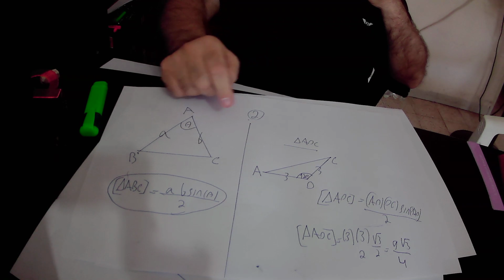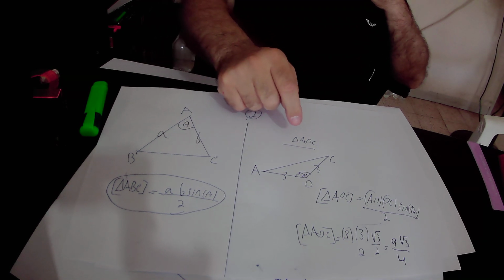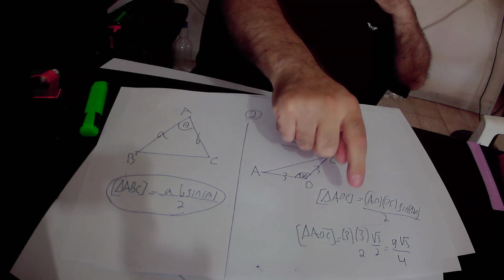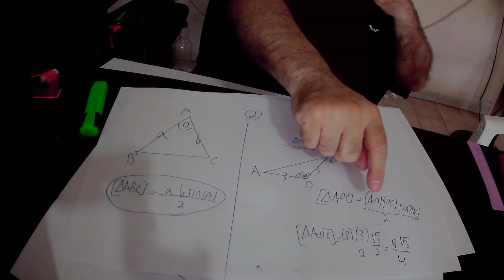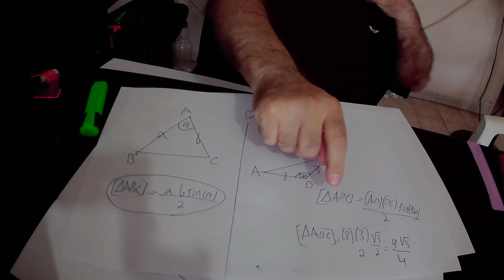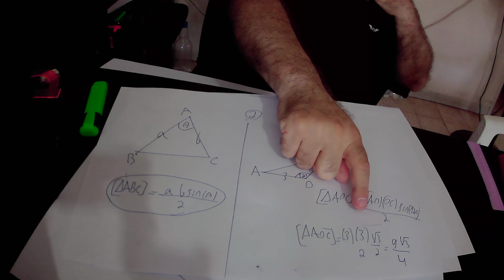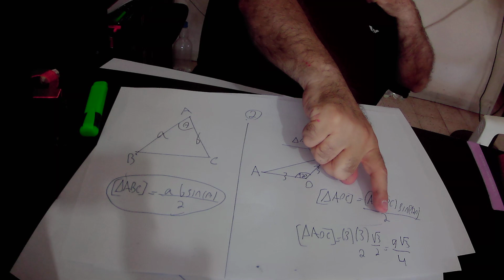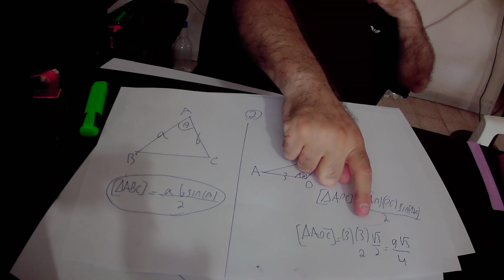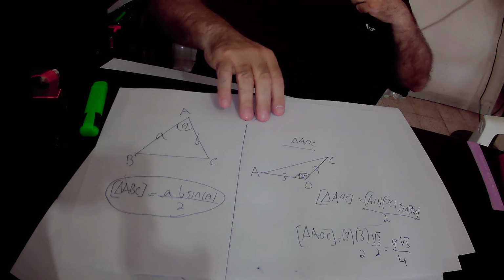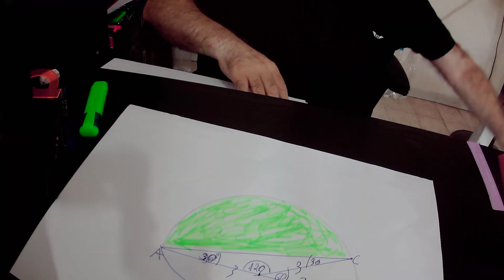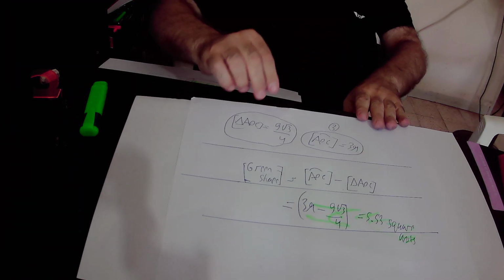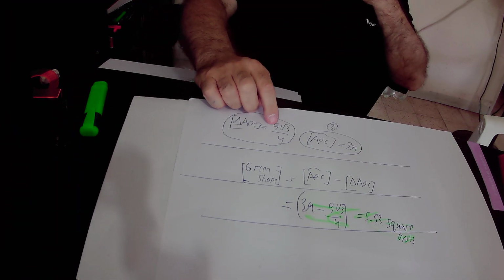The area of triangle AOC equals AO times OC times sine 120 degrees over 2. AO is 3, CO is 3, sine 120 degrees is root 3 over 2, all divided by 2. 3 times 3 is 9, so in the numerator we have 9 times root of 3. In the denominator we have 2 times 2, that is 4. So the area of triangle AOC equals 9 times root of 3 over 4 square units.